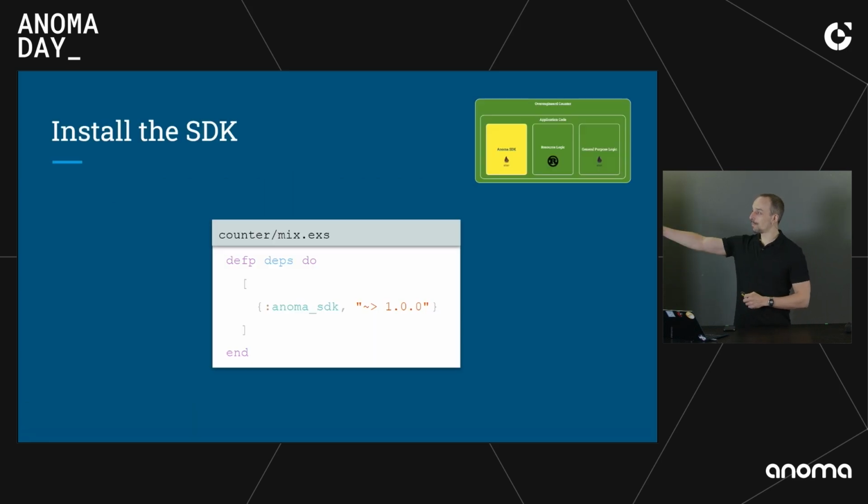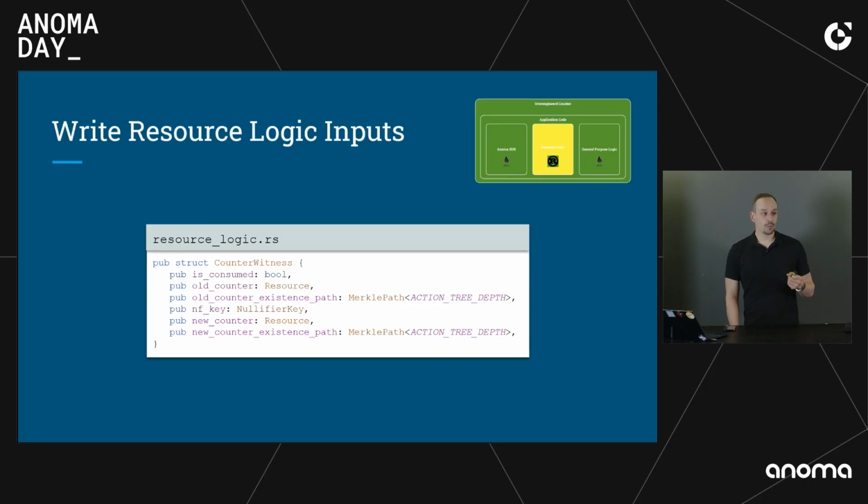Okay, step 1, we need the SDK. You just add the Anoma SDK as a dependency to your Elixir application, and you're done. Step 2 is writing resource logics. I mentioned before briefly that the resource logics define the rules that apply to the resources you manipulate within your application. Resource logics, you can think of them as basically a very fancy predicate, and the input to this predicate is called a witness.